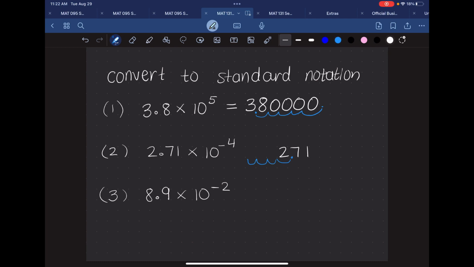So that tells me my decimal point is now here, and I have 3 zeros in front of my 2. And now for the last one, 8.9 times 10 to the negative 2. I originally had my digits 8 and 9. My decimal point was here, and I'm going to move it to the left 2 spaces because of the 10 to the negative 2. So now my decimal point's here, and I fill in with a 0.